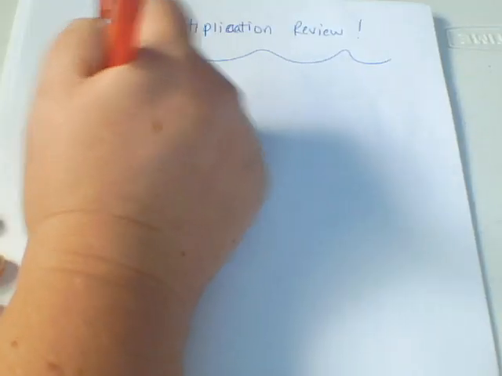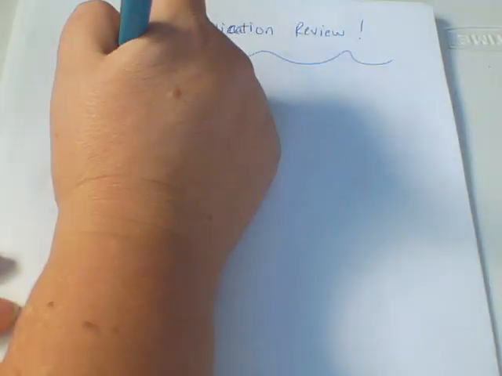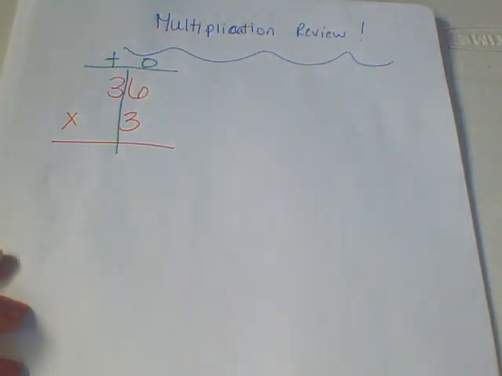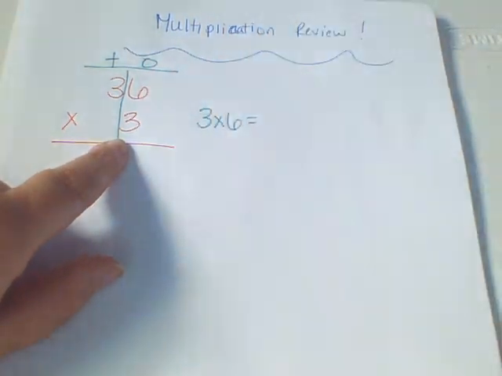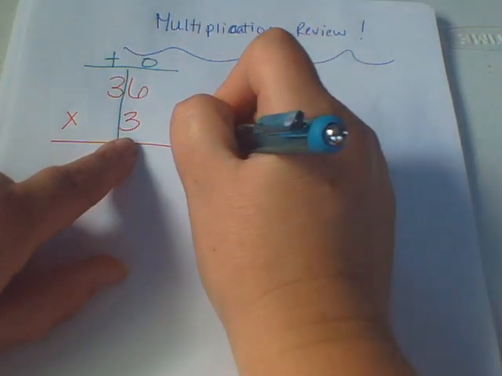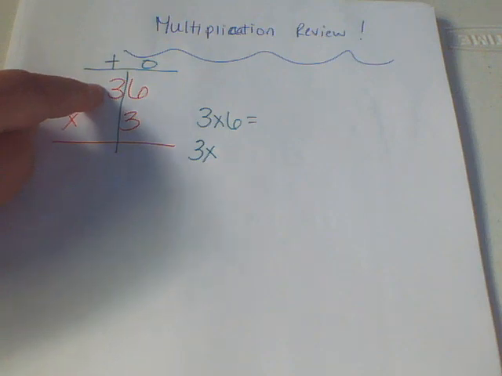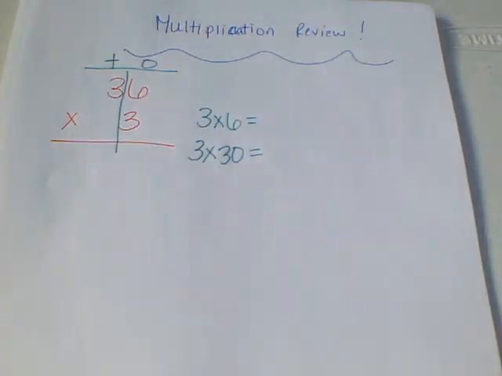So if I have 36 times 3, 1s and 10s, I'm going to have 3 ones times 6 ones, and I'm going to have 3 ones times 10, 20, 30, because I have 3 tens.